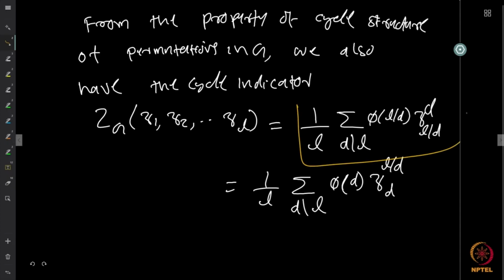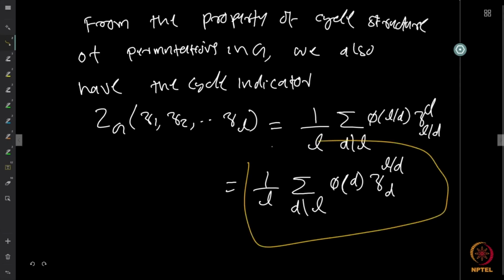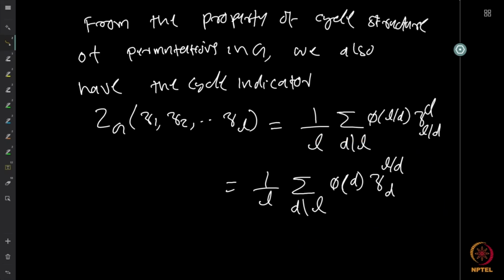This again directly follows from the property of the cycle structure, because all the other terms will disappear. They will not be here. So therefore, we will get exactly this. But now I can write it also as 1 by L summation D dividing L, phi of D, ZD raised to L by D, because I'm just exchanging D and L by D, because they are just divisors. If D is a divisor, L by D is also a divisor. So I can write it in either of these forms.